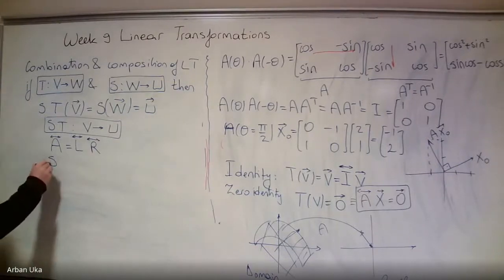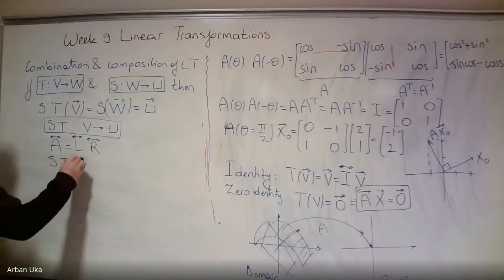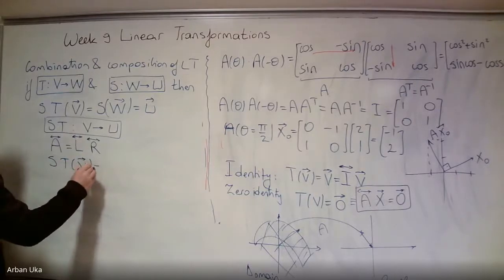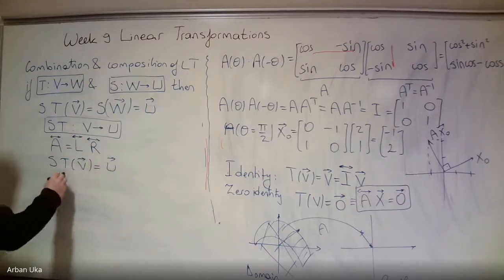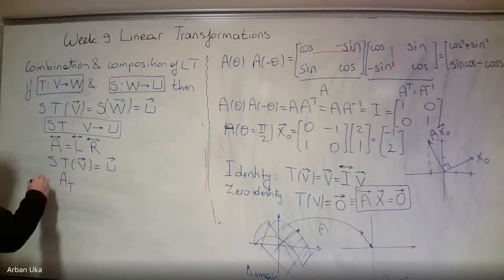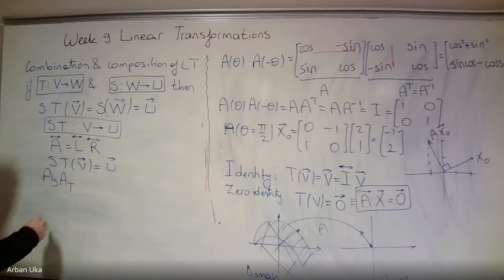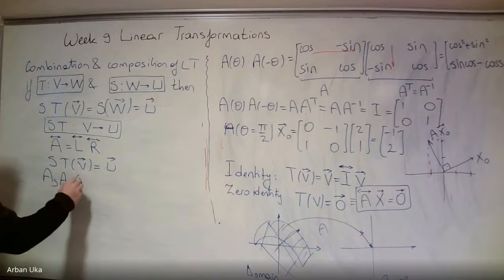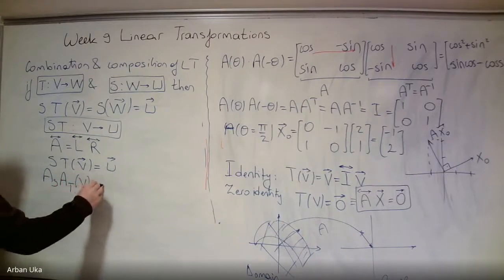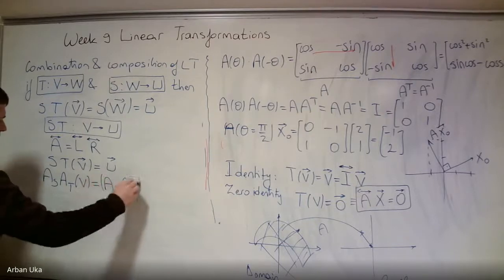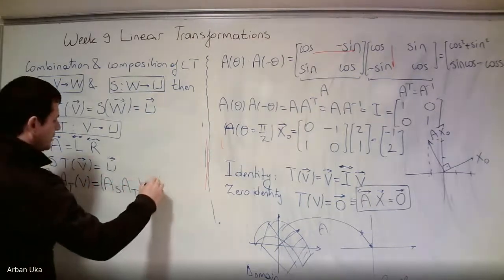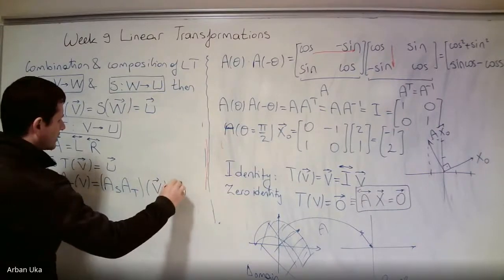So if we have ST operating on a vector v, this would be equal to u. Now T can be represented by matrix A, and S can be represented by matrix AS, so on v this would be equal to AS times AT times v, and this would be equal to vector u.